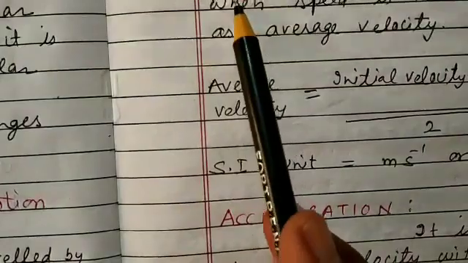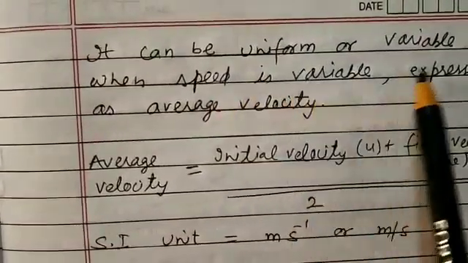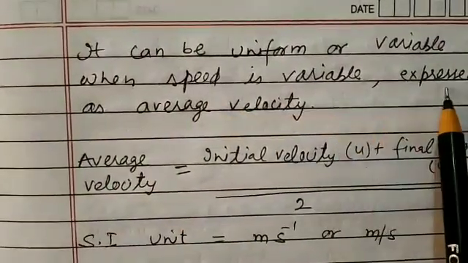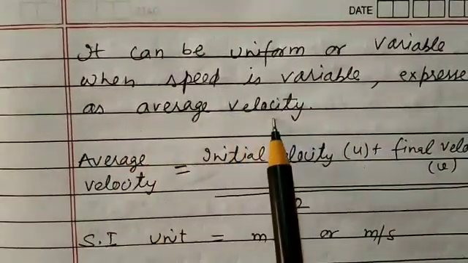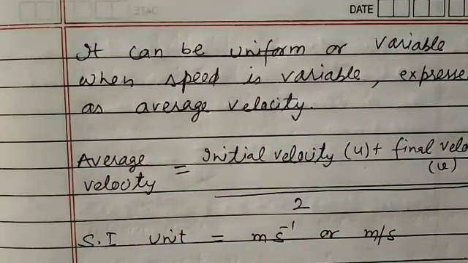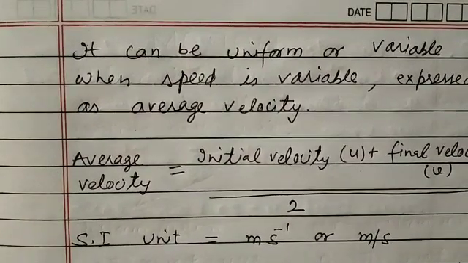Velocity can be uniform or variable. When speed is variable, then we express the velocity in terms of average velocity. We have already discussed the formula of average speed.